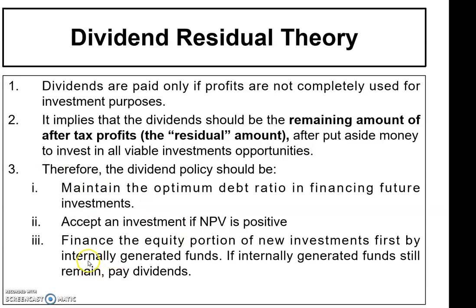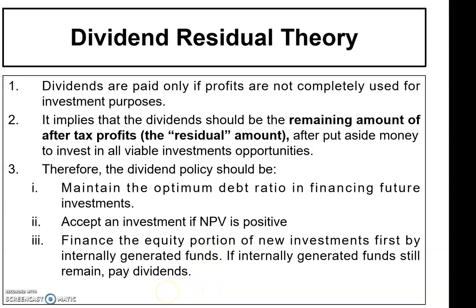And then the next one: finance the equity portion of new investment first, by internally generated funds. That means under dividend residual theory, the company will use its earnings first for financing the investment of the company or any new projects. If they don't have enough, then they will go to external funds.